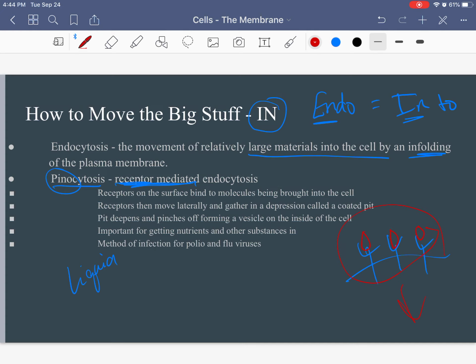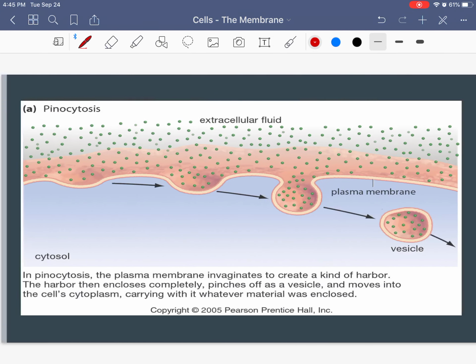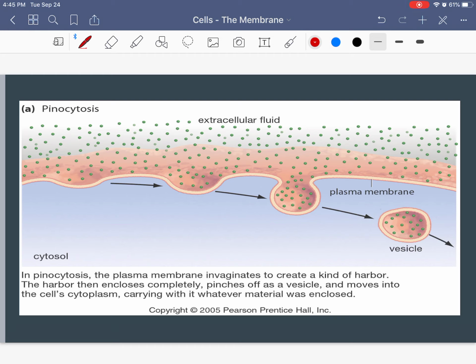This is an important way that our cells get nutrients and other substances in, and it's also how the flu virus affects us. It's how it's infecting all of our different cells within our bodies. It's using endocytosis. And this is a diagram that helps us to picture that. This is not receptor mediated in this diagram, but it's still showing how the vesicles are forming. You see you have a depression that's forming here. As that depression deepens, you get more and more materials in.